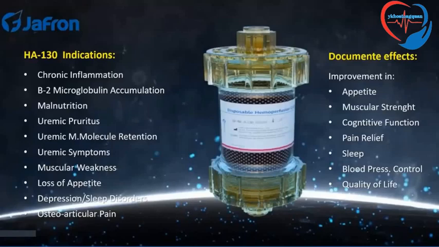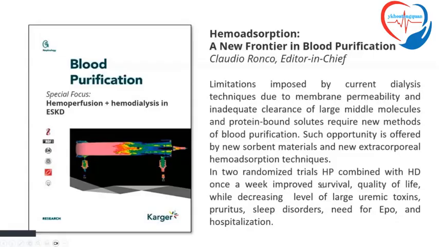So these are the indications that have been proposed based on these different studies, which go from inflammation, uremia retention products, malnutrition, pruritus, etc. And the documented benefits are an improvement in appetite, muscular strength, cognitive function, pain relief, sleep, blood pressure control, and quality of life.